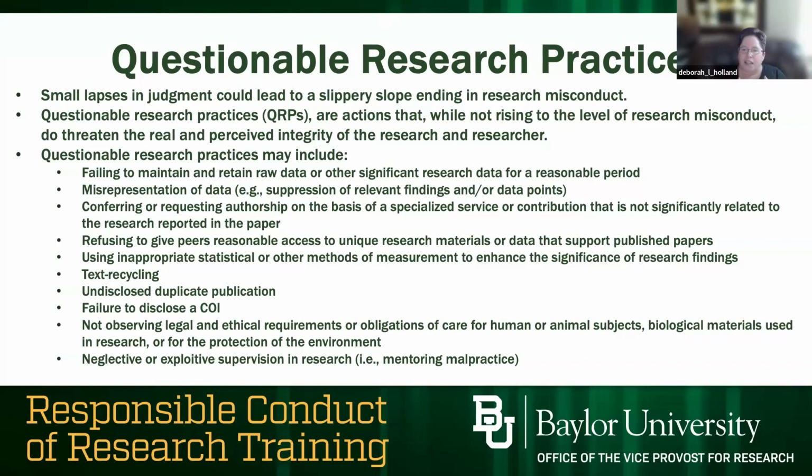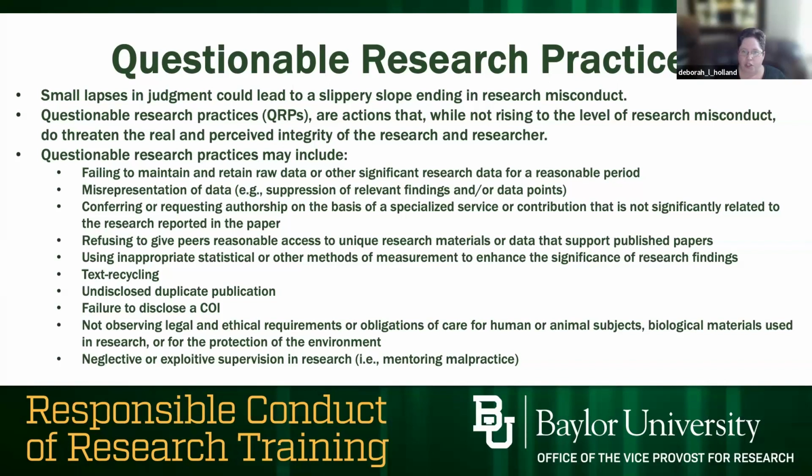So if an allegation is made, we may have to look at that, and that would be going back like 20 years. And so it'd be great to still have the data from that time point. But I know it doesn't necessarily stay around that long. Other practices may be misrepresentation of data, such as suppression of relevant findings or data points, maybe omitting outliers, that type of thing.